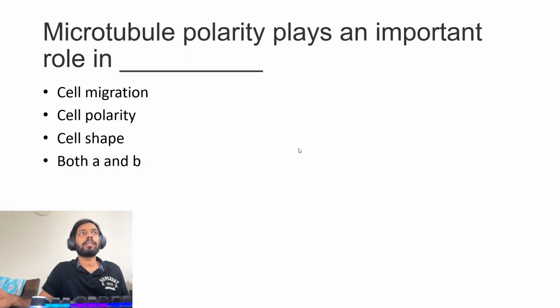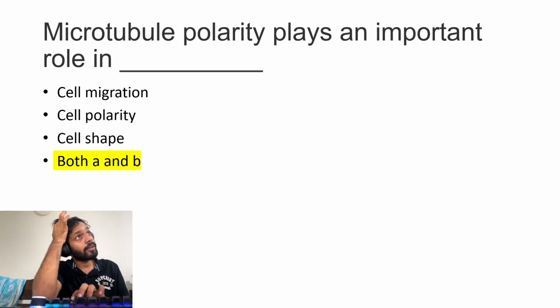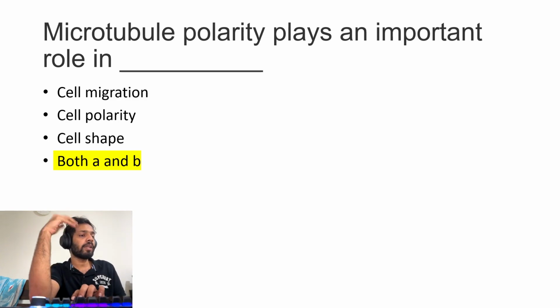Okay, let's see. So both A and B. Yeah, you're correct. So microtubule polarity plays a very important role in not only trafficking proteins but also it gives cell polarity.